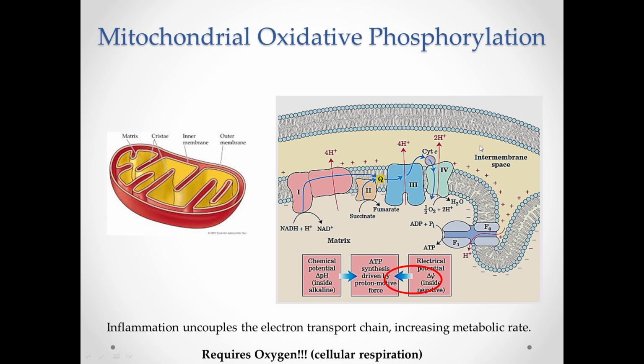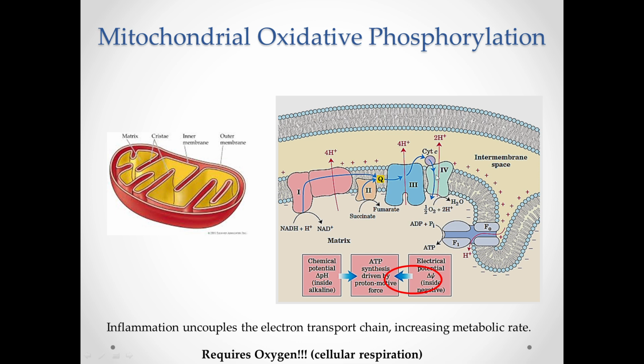Okay. Now, in the presence of oxygen, oxygen acts as the final electron acceptor. Electrons flow through the electron transport chain. NADH and FADH2 drop their electrons off at the electron transport chain. The electrons flow through the electron transport chain, and protons are pumped across the membrane. Now, when they're pumped across the membrane, an electrochemical gradient is produced. There is a high concentration of protons in the inner membrane space relative to the mitochondrial matrix.